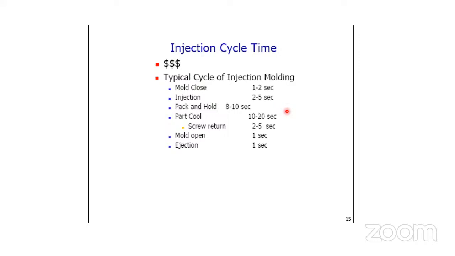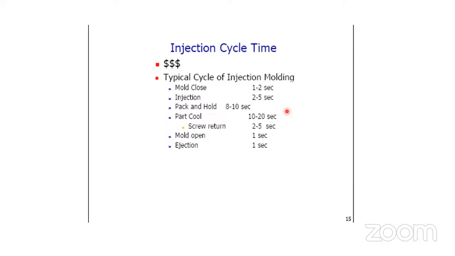If anybody asks you which operation takes more time in an injection molding cycle, we should be able to tell them that the cooling of the article, the cooling section, takes more time, more than half the time, half the cycle time. And that's why, as compared to compression and transfer, it has a lower cycle time.